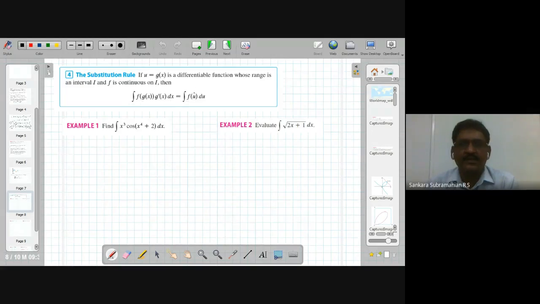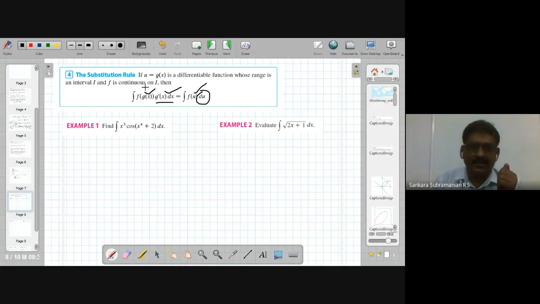You can replace u with a function g of x. Then du will be g dash of x into dx. Suppose you take the function g of x as u, then for du you differentiate that function g with respect to x. You get g dash of x into dx. You will get the same result as prior to substitution. So this is a very well known result.